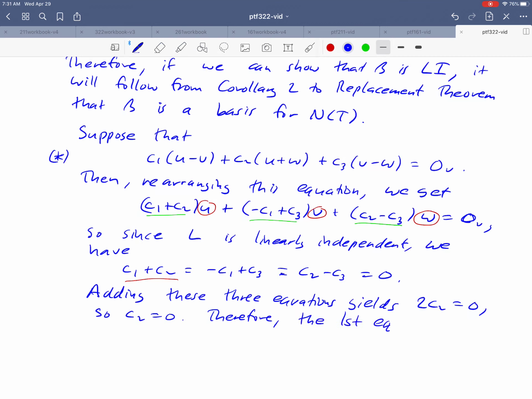So the first equation, and then if you move on to the third equation, now that we know that C1 and C2 both equal 0, the second equation is going to tell us that C3 is 0.